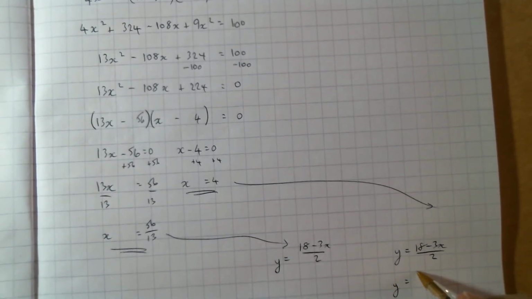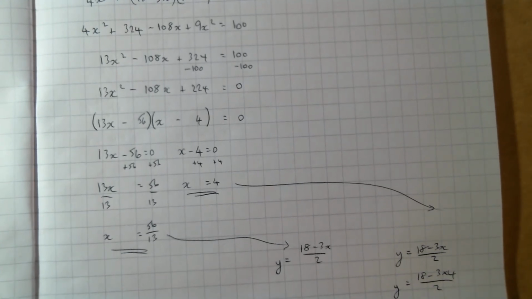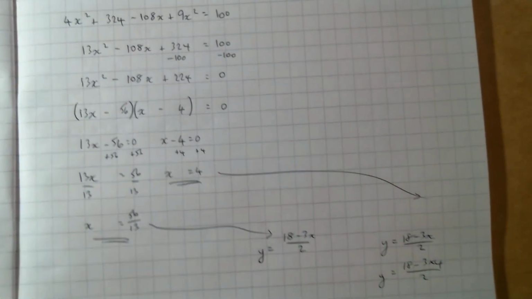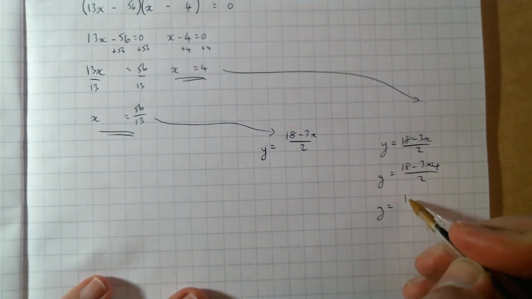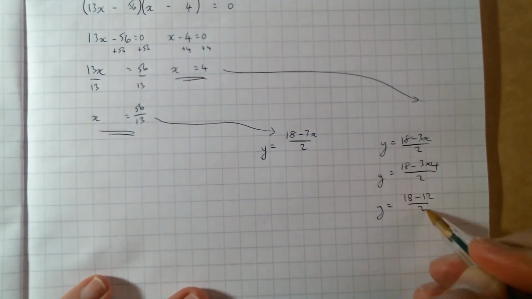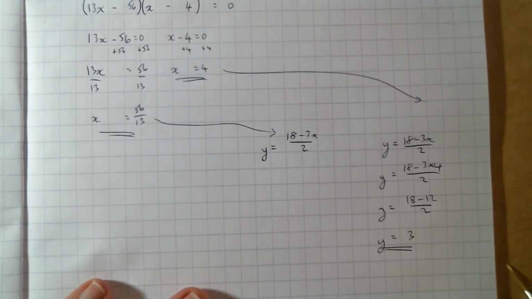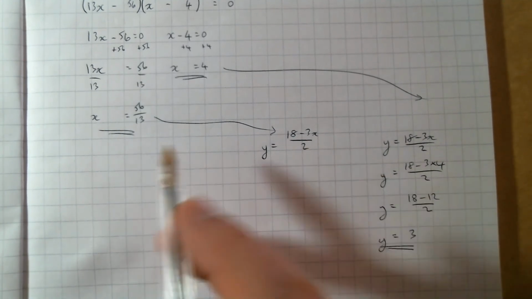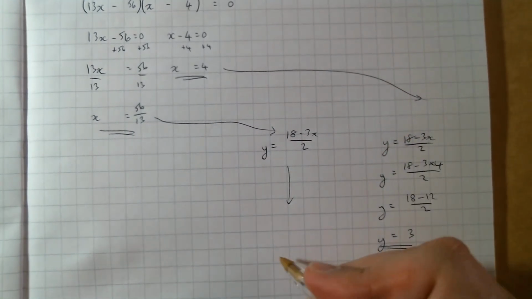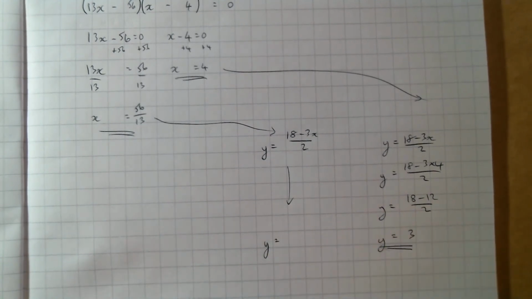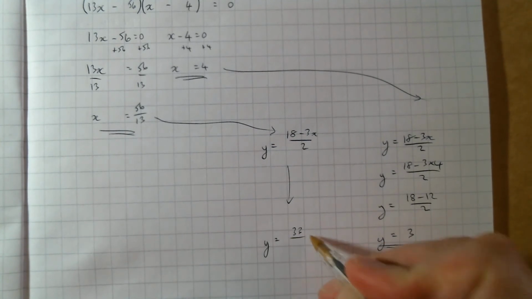That one's straightforward. 18 take 3 times 4. y equals 18 minus 12, still over 2. 6 over 2. y equals 3. This one, a bit more awkward, but if I put that into a calculator, I end up getting y equals 33/13ths.